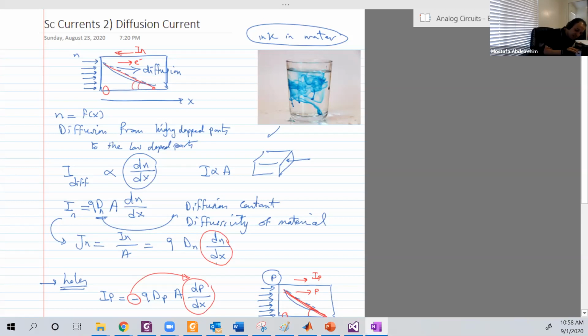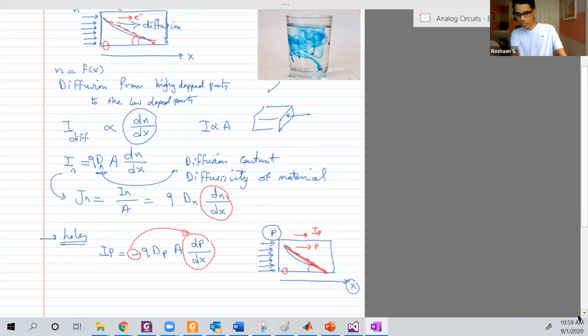So this will give us a negative. So we don't need to worry about the direction of the current. It will be based on dN by dx, which is negative, so the current will be in the opposite direction of the movement of the electrons. That's why we put these signs. Okay, that's very good.